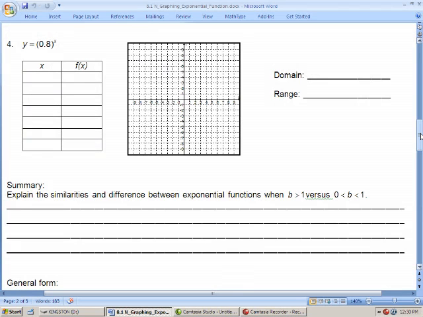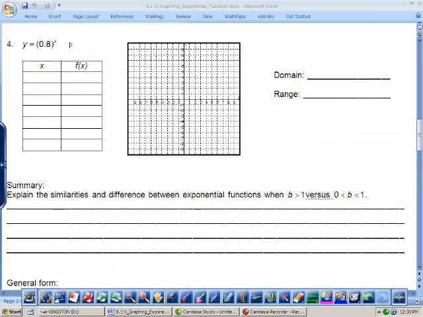Okay, on this one, like on some of your homework, it is not necessary to fill out the entire table. You can kind of just get an idea for what's happening, okay? So, first of all, to help me visualize this, I'm going to rewrite this as 4/5 to the x power, because that's easier for me. If I plug in 0, I know I'm going to get 1, right?